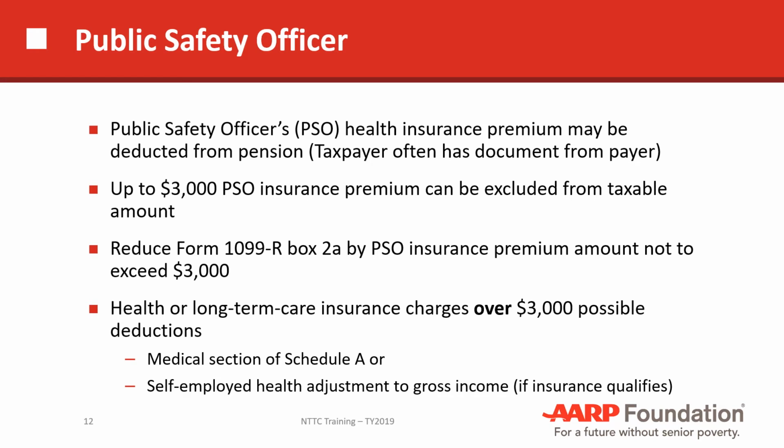So, self-employed health insurance also is another option that if they happen to be self-employed, they can use that as an adjustment to income. So again, it would be the excess over the $3,000 that would be used as a self-employment adjustment to their income. So it can be either or, but not both. You can't put it on your Schedule A and use it as a self-employed deduction.